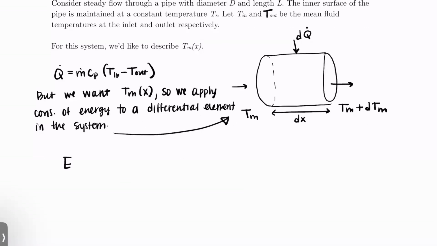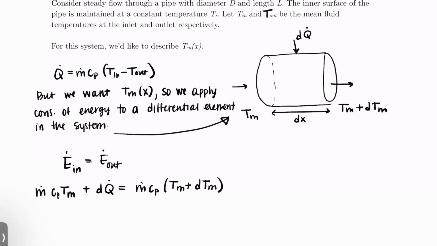All right, so conservation of energy tells us that E dot in is equal to E dot out. Energy in is equal to energy out. That's conservation of energy. And we can write this as m dot Cp times Tm plus dq, because we have that little element of heat transfer coming into our system, is equal to m dot Cp times Tm plus dTm. So this is our energy out.